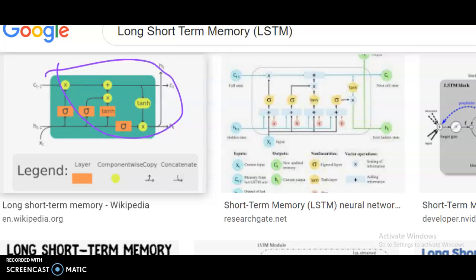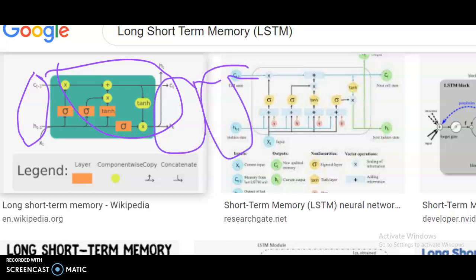So mentioning here, this one also another example. Here we go, see this is the input like this. This is output here also. Input, output.